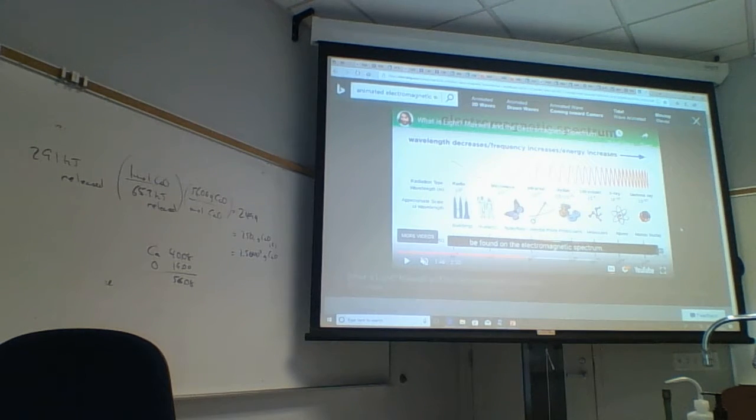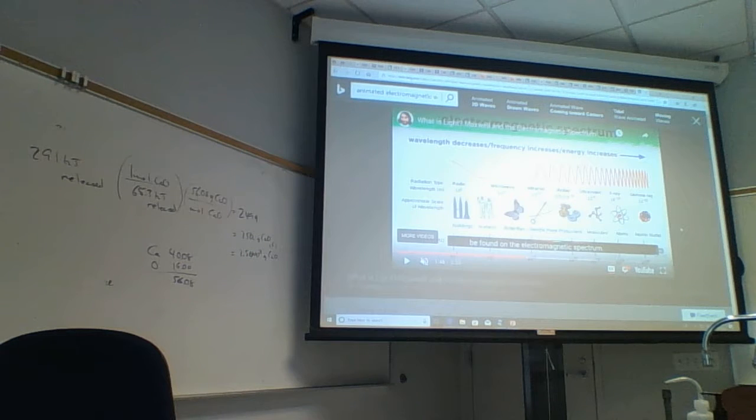Lower in energy than gamma rays, we'll have X-rays. And then lower in energy than X-rays, we're going to have ultraviolet, UV. And then we're going to have visible light.